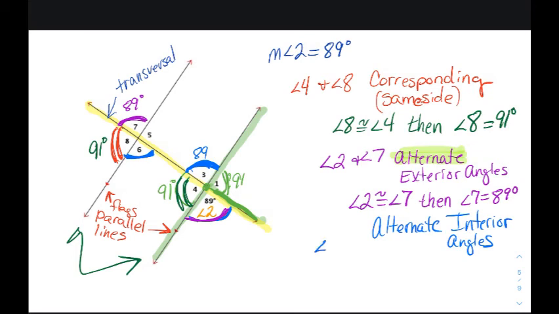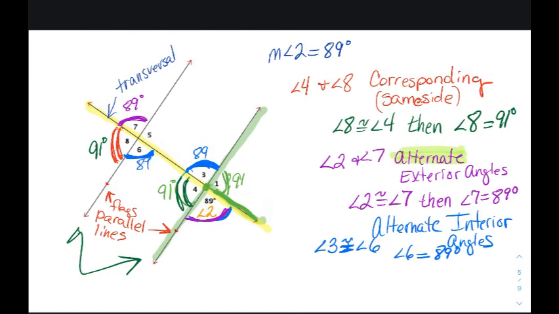So we have angle 3 and angle 6. And based on the definition of alternate interior angles of parallel lines, and that's a key thing, they have to have parallel lines for these definitions to be true, we can then say that angle 6 is equal to 89 degrees. And that is because, again, angle 3 and angle 6 are congruent to each other.